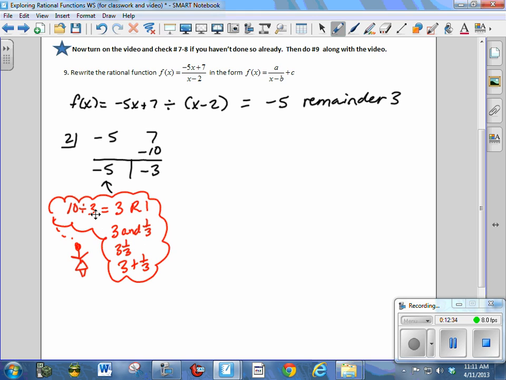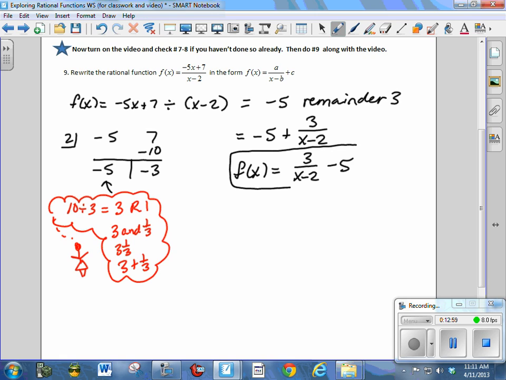I divided by 3, so I get 3 whole groups of 3 and then 1 out of 3 for that last part. So what I'm going to do here is rewrite this as negative 5 plus negative 3 over, and what did I divide by? x minus 2. So there we go. f of x is equal to negative 3 over x minus 2 minus 5. So now I've written it back in the other form.